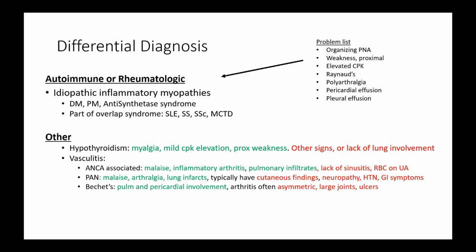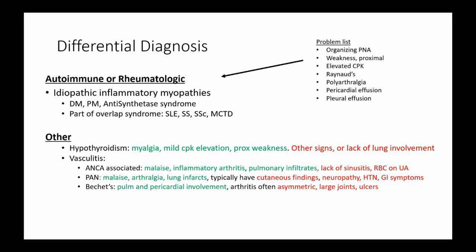Vasculitides, several, I think, are worth coming up. We know vasculitis can do a lot of different things. An ANCA-associated vasculitis can obviously cause inflammatory arthritis, pulmonary infiltrates, but you would typically have some upper airway or sinus involvement, and you would typically have red blood cells on a UA.